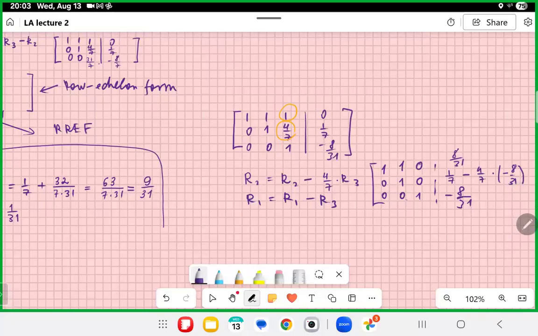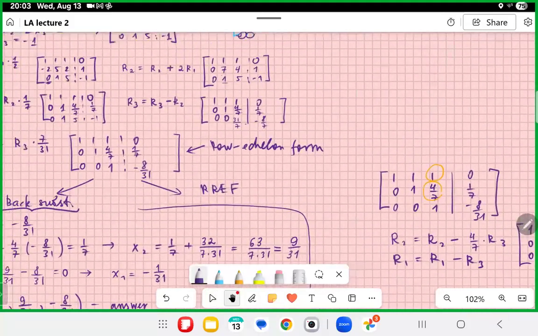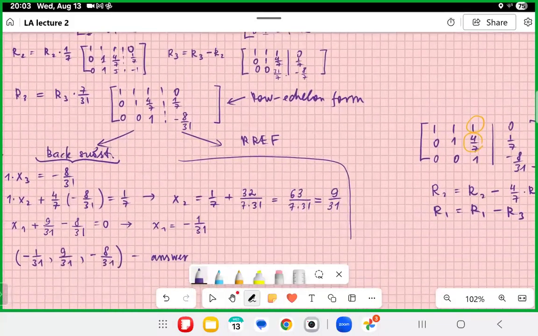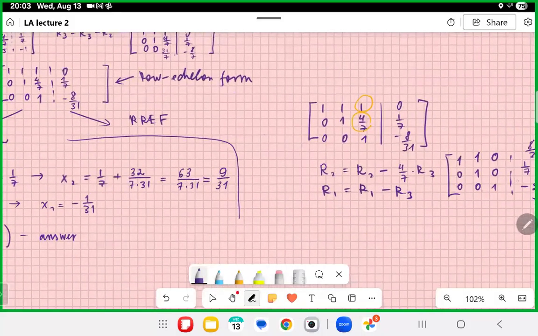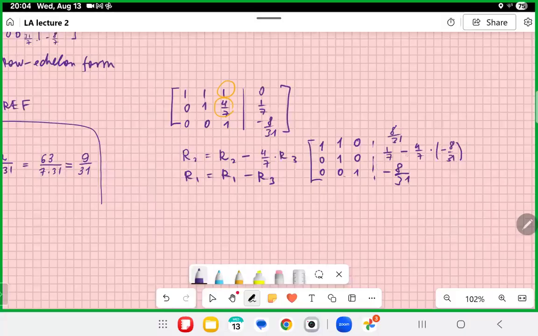Well, guys, what we have over here is 4, 8, 7, and 31. We already did these calculations somewhere here. I don't want to redo them again. We had them over here: 1 over 7 plus 32 over 7 multiplied by 31. This is actually the same, just like 1 over 7 plus 32 over 7 times 31, which is going to result in 9 over 31. We already calculated it once.